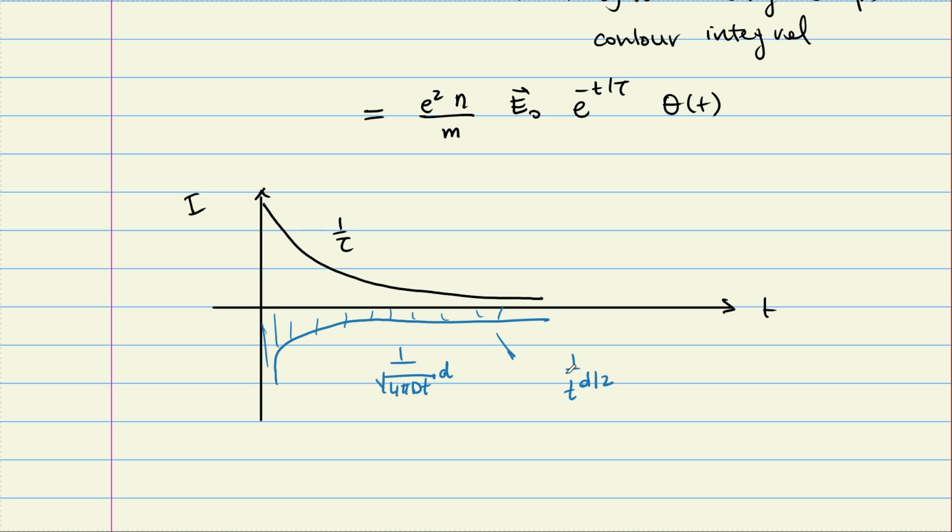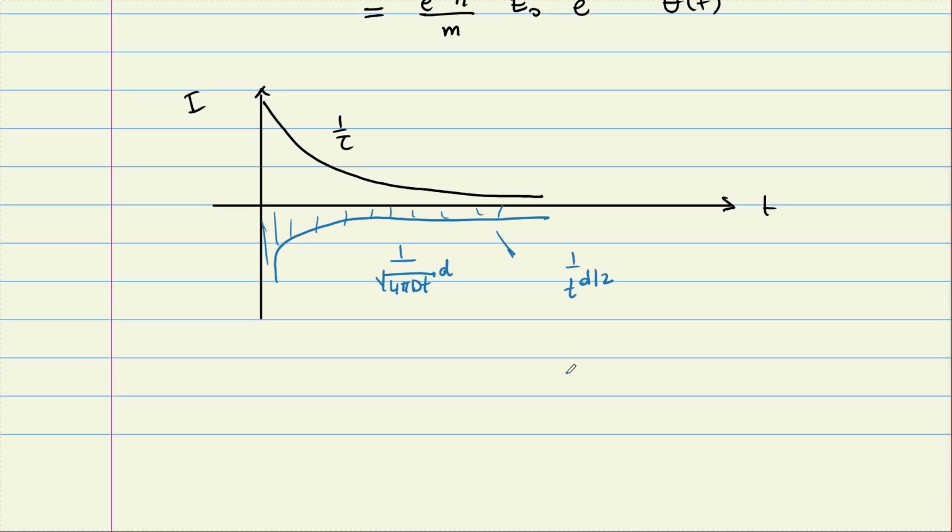So this echo current is our first, previously we have seen many signals of localization, but this is the first serious signal of electron localization due to impurities or disorder.